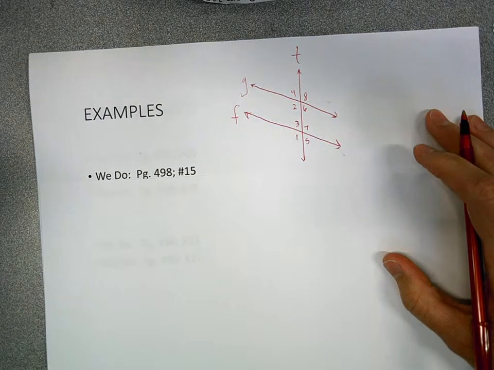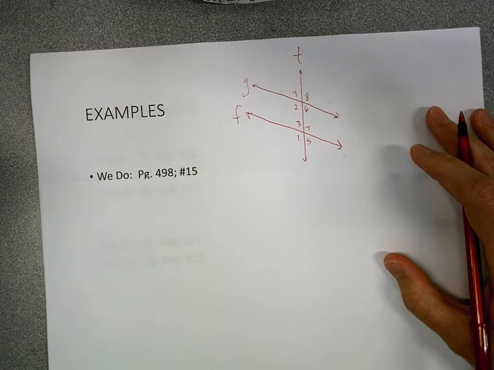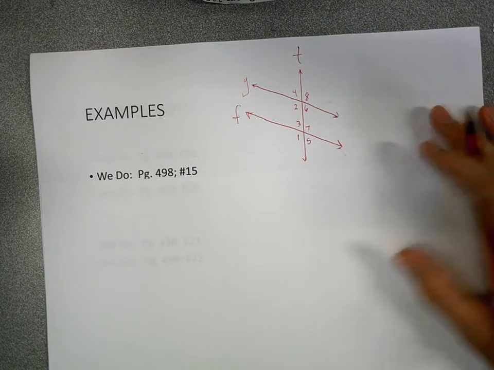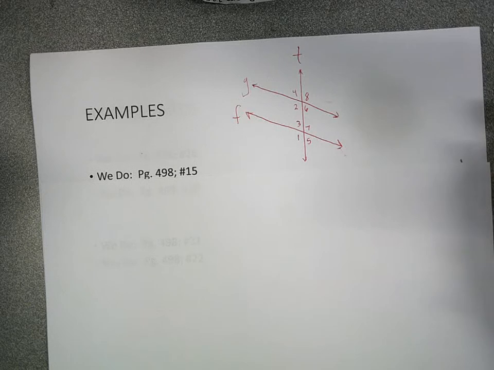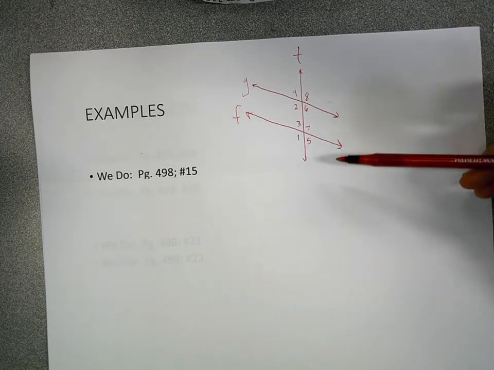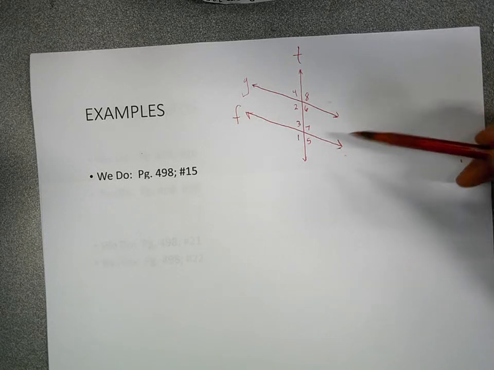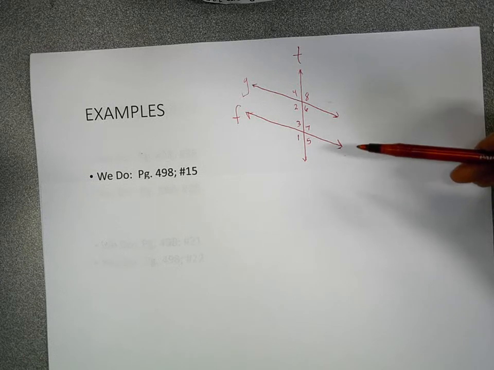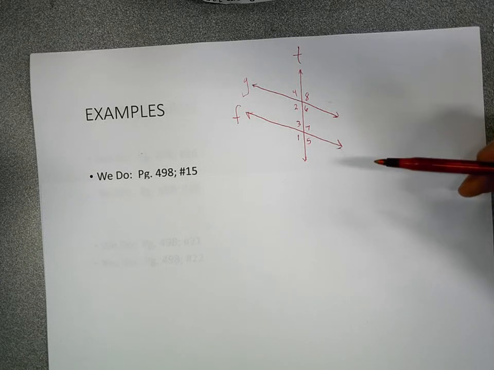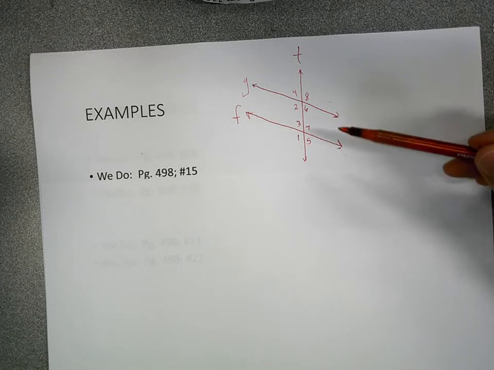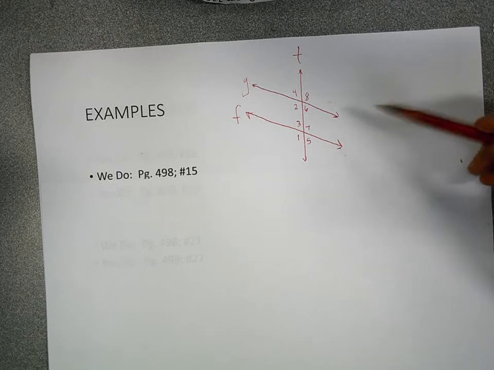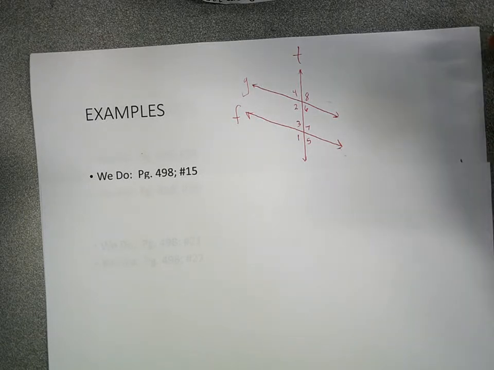The directions are really important. On page 498 at the top, it says, in the figure to the right, which is this figure here, line f is parallel with line g, and line t is the transversal. So it's kind of stating the obvious.